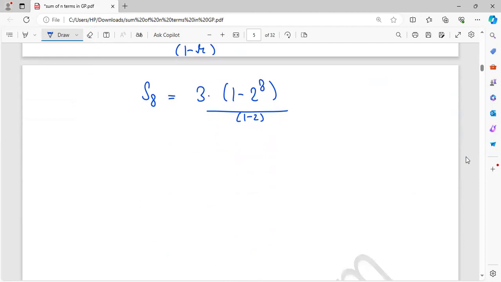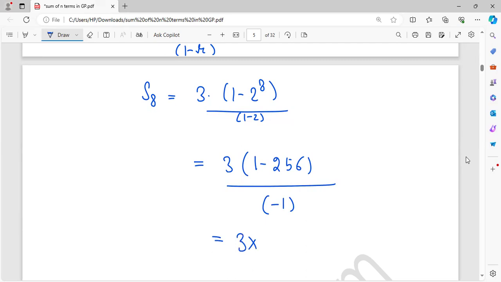Now tell me what is the answer? 3. So 2 to the power 8 means what? 256, upon minus 1. So what will you get? 3 into 255 upon minus 1. Minus minus will cancel out.